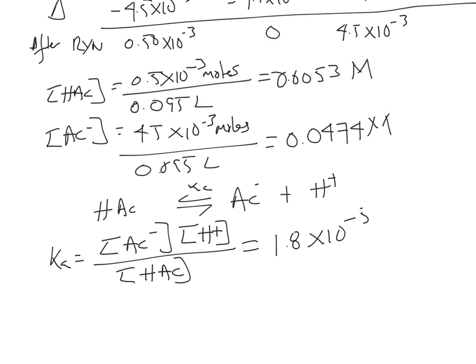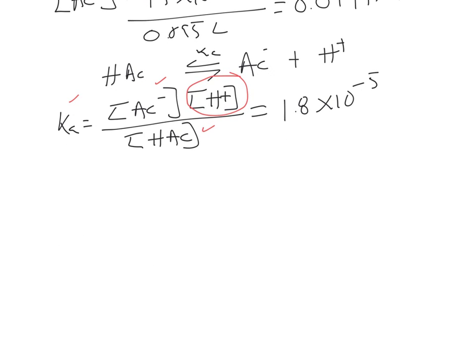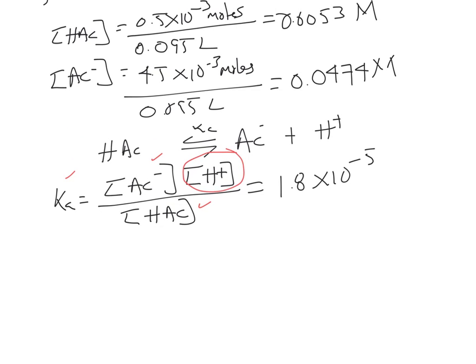So for this equation, we have the value of the concentration of acetate and the concentration of the acetic acid, and also the value of Ka, so we can determine the concentration of H positive, of proton. And with that value, we can then calculate the pH. So we need to substitute the values. Let's move this a little bit down here.